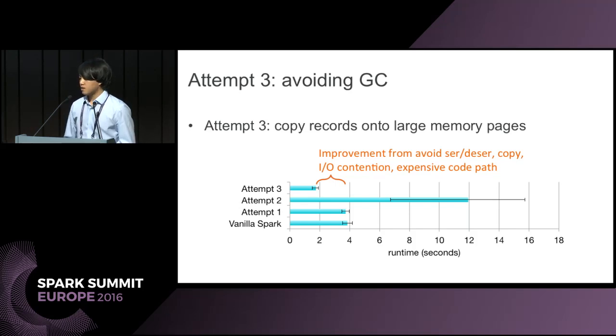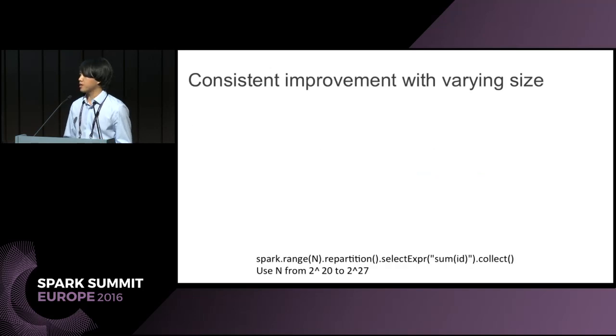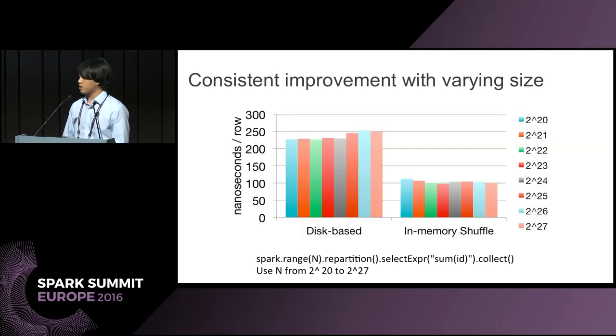A lot of the improvements actually come from things like serialization and deserialization, which are CPU bound, and we can have a pretty consistent improvement with varying size because the improvement actually happens for each record when we run the job. For example, here when we use the same sample job again while varying the number of records, we can see the improvement is pretty consistent.